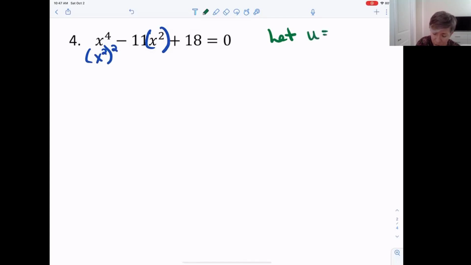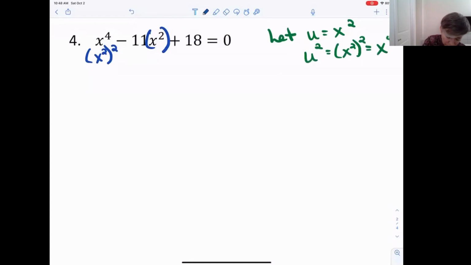We're going to let u be that middle variable, the x squared, which means u squared is going to be that x squared squared, or x to the 4th. So if we rewrote this, that would be u squared minus 11u plus 18 equals 0.